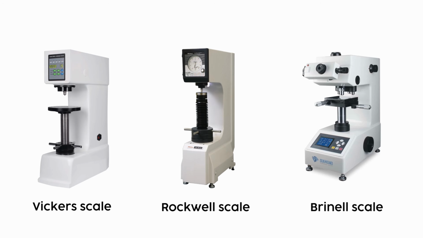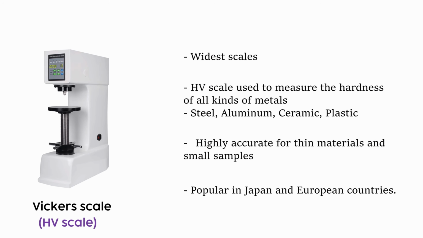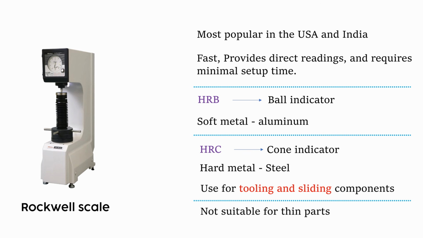And there are 3 popular tests for indentation hardness. The Vickers hardness test, the HV scale, is one of the widest scales and is used for all types of material. It provides high accuracy, especially for thin material and small samples. For Rockwell hardness, the HRC scale is used for harder material like steel, while HRB is used for relatively soft material like aluminum or brass.